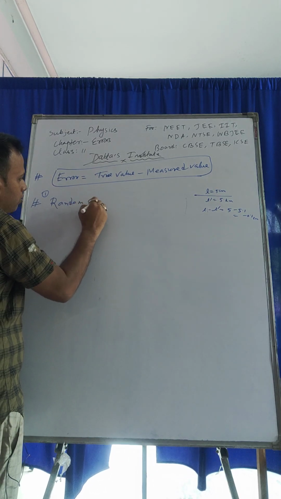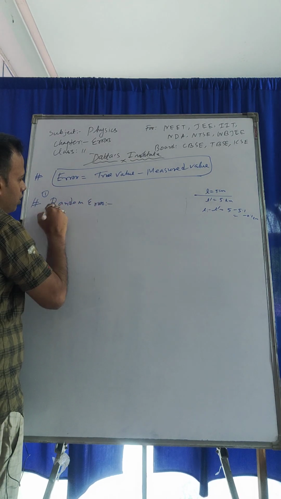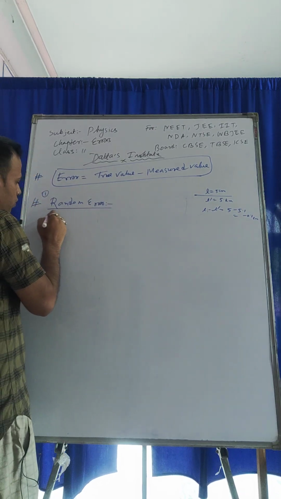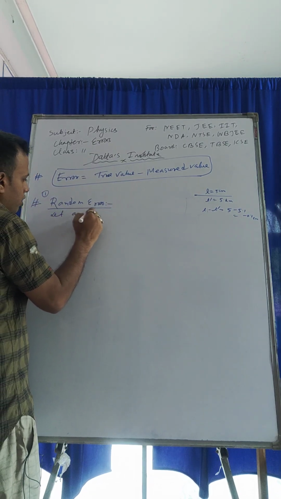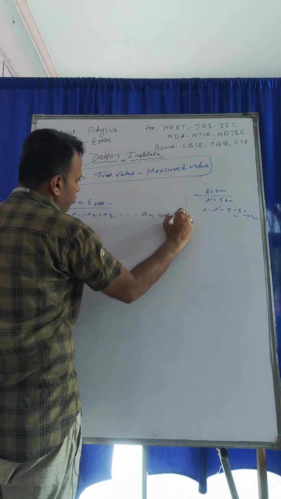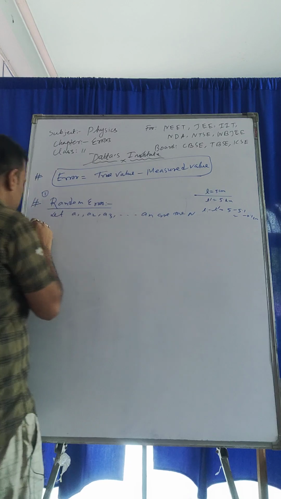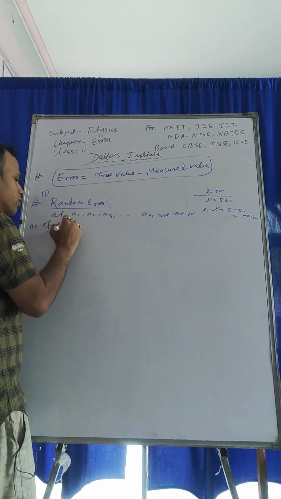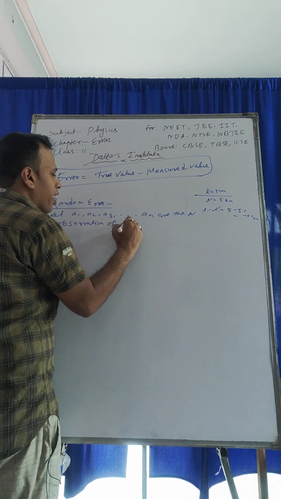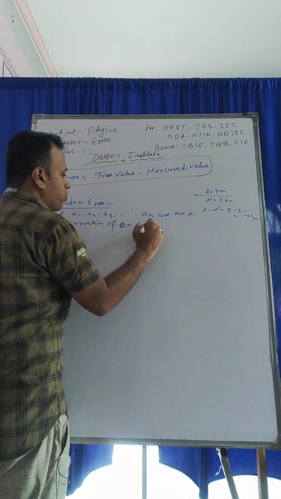In random error, suppose a1, a2, a3, dot dot dot an are the n number of observations of an experiment. Got my point?